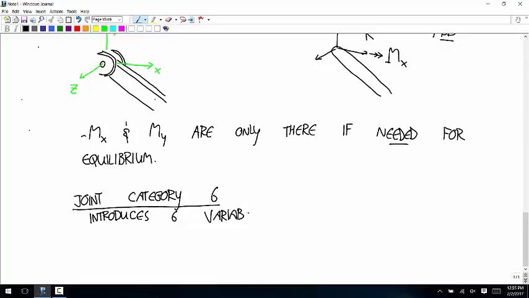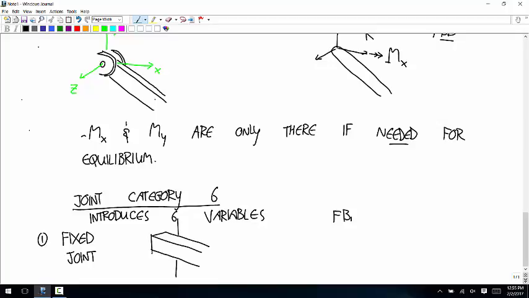It's just fixed. And it's usually just drawn like that, like the member just runs into a wall or something and just terminates there.